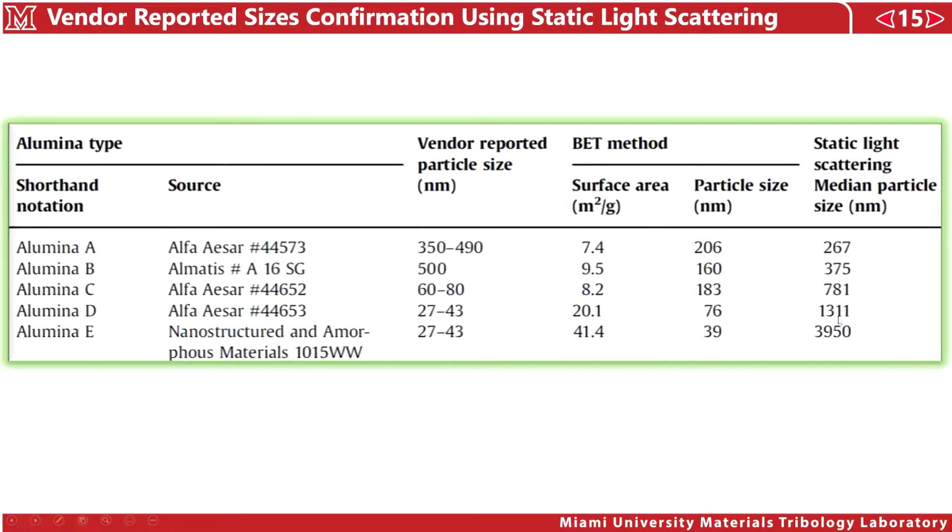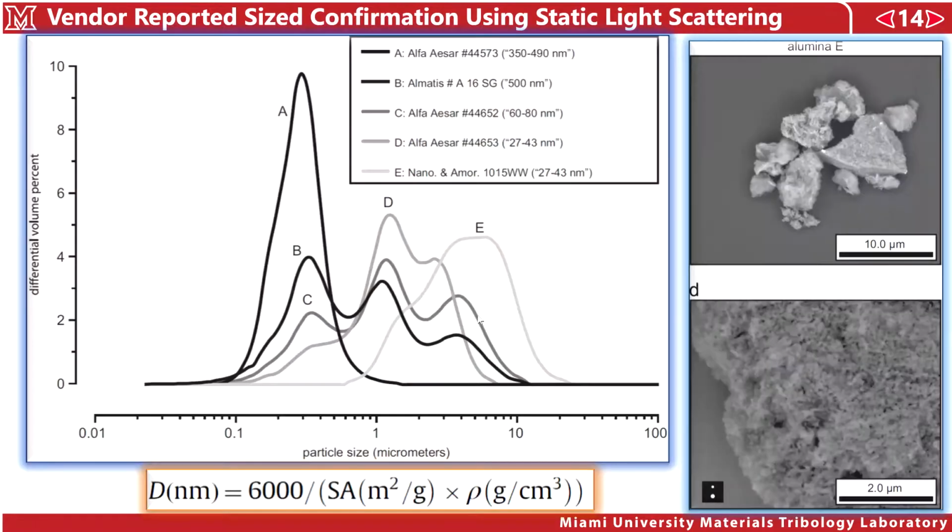This value is 1.3 micrometers in size, and this is 27 to 43 nanometers in size, so 1,000 times different. You can see that the vendor-reported sizes are not correct, and the group gives a reason as to why this difference is occurring.